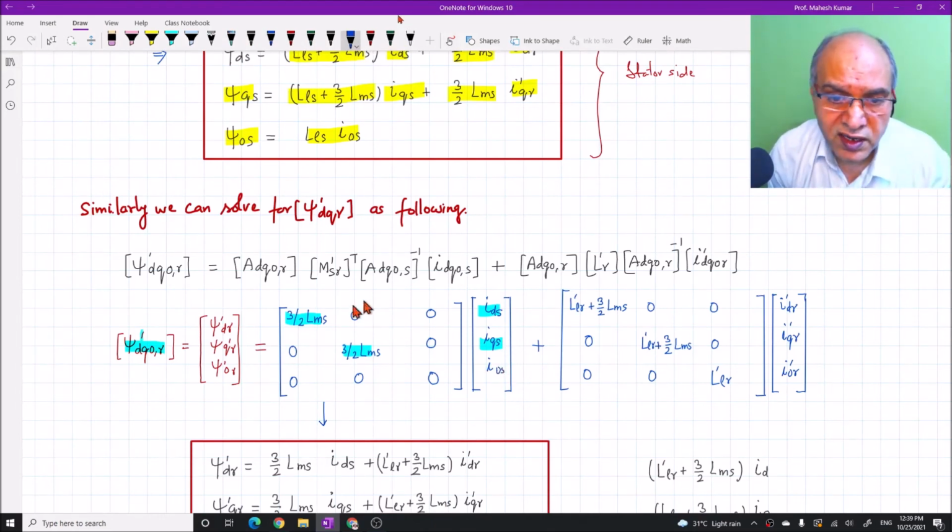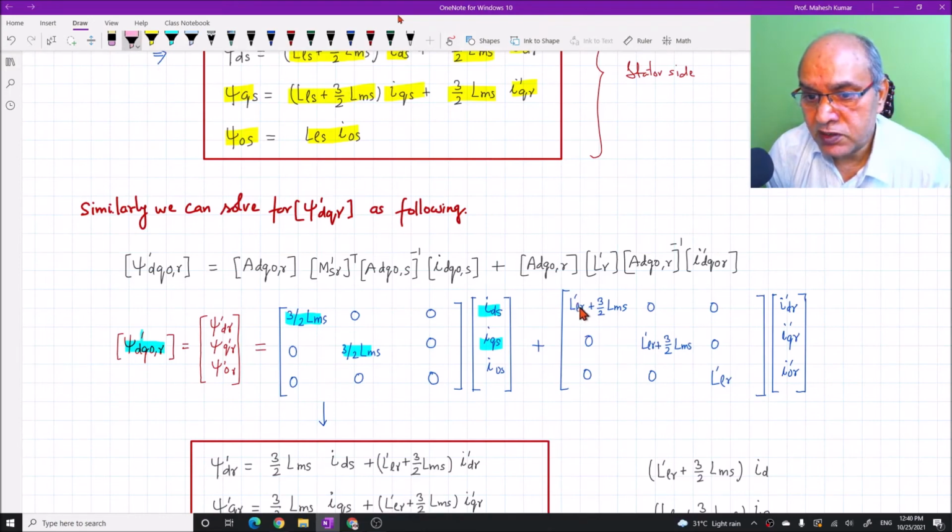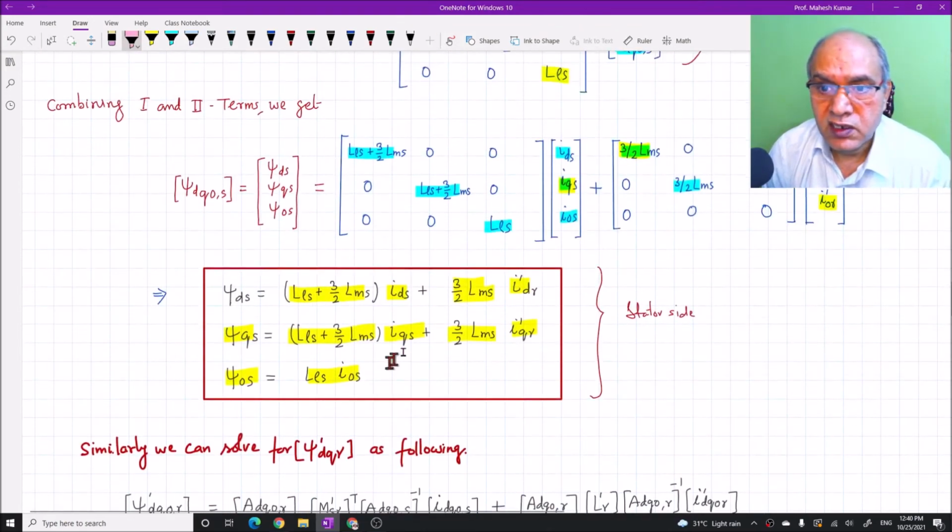So this is the flux linkage to rotor because of stator currents, and this is the self inductance matrix in the DQ frame, and its elements are LLR dash plus 3 by 2 LMS. If you compare this with the previous matrix, it was LLS here.